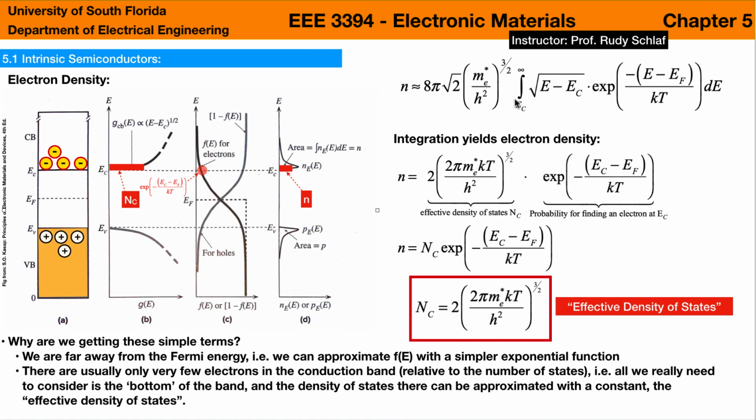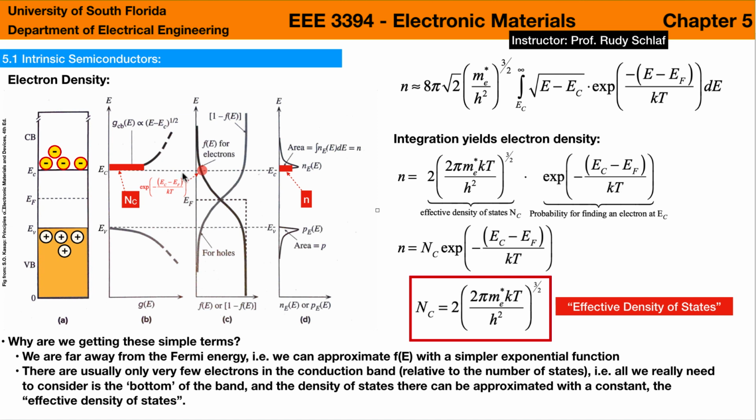Integration of this integral yields this term here, and if you look at it, we have here the exponential function of the difference between the conduction band minimum and the Fermi energy divided by kT. So this is essentially the probability for finding an electron here at that EC point, and that is multiplied with a constant, and this constant we can regard as the effective density of states at EC, NC.